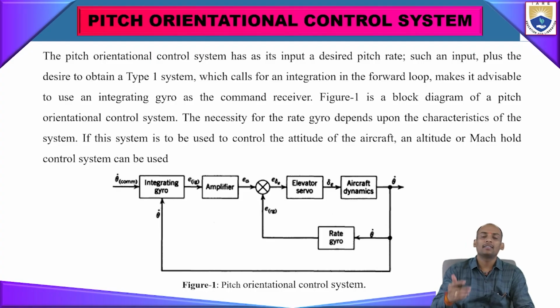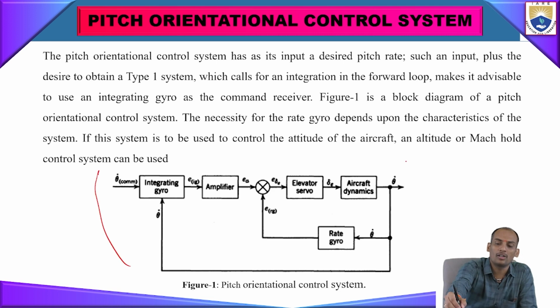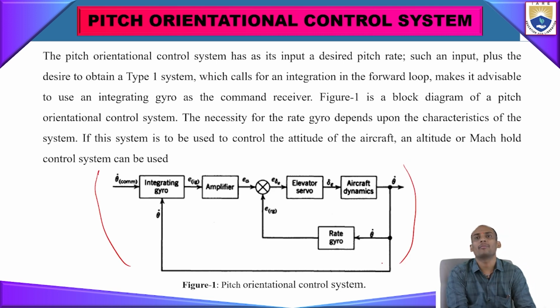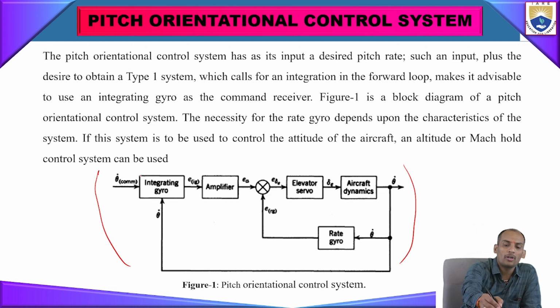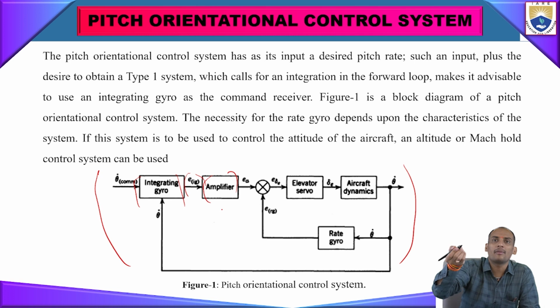See here, the block diagram of the autopilot controlling system we have already seen in the last class. The blocks of this autopilot system are the integrating gyro system, which gives one voltage signal, E, that is amplified by the amplifier and improved, and then given to the summer. From the summer it goes to the elevator servo.